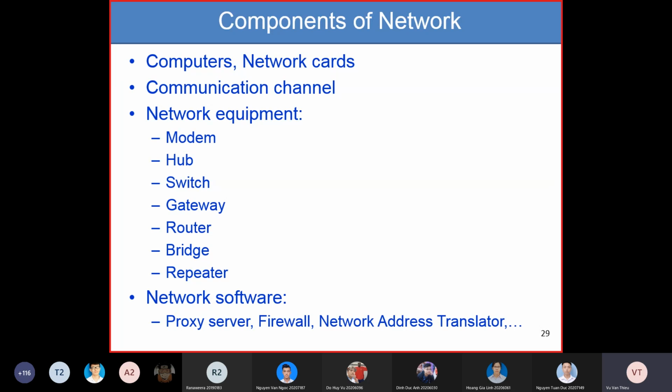The second, we need a communication channel to connect different computers to a network. And then we need network equipment: modem, hub, switch, gateway, router, bridge, and repeater.